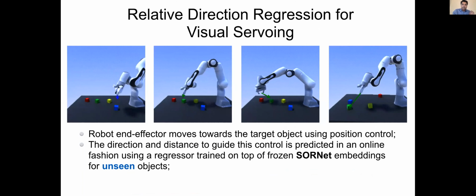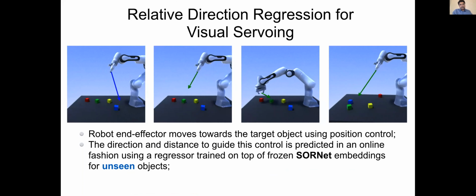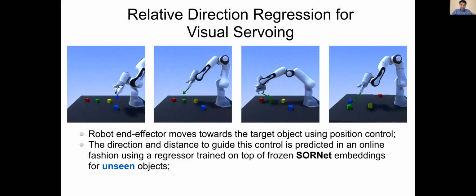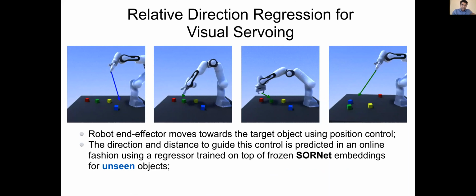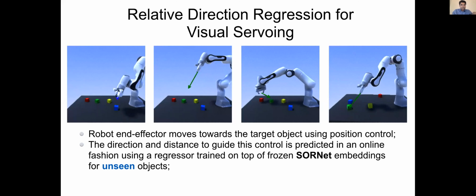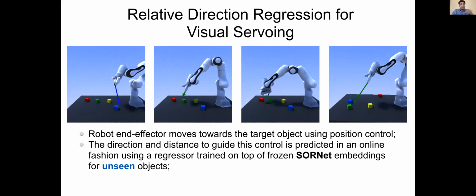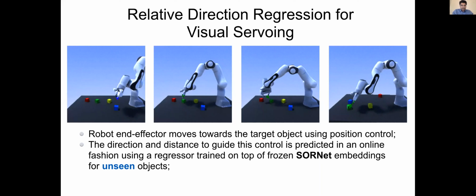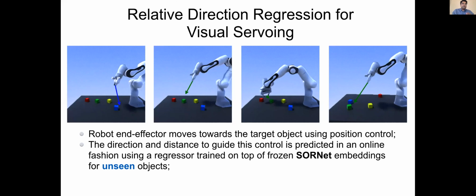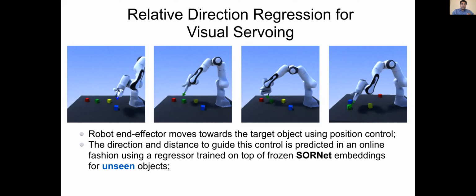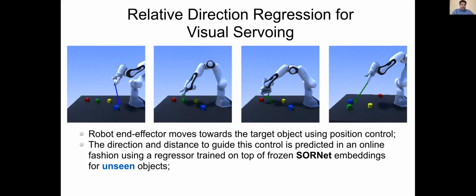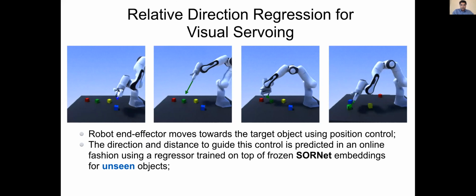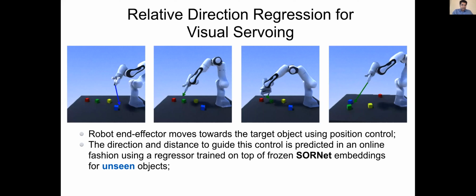And we are saying, okay, can you use these embeddings to predict a 3D unit direction and a scalar distance between the robot's end effector and the center of the object? We can also do this between any entities in the scene. But for this example, we are just showing how we can use this predicted direction to guide the end effector towards the target object using position control.